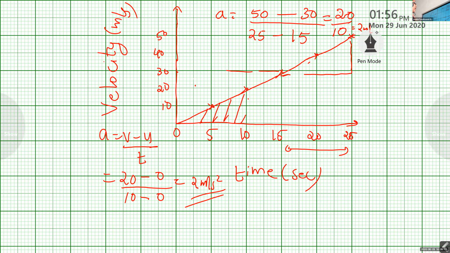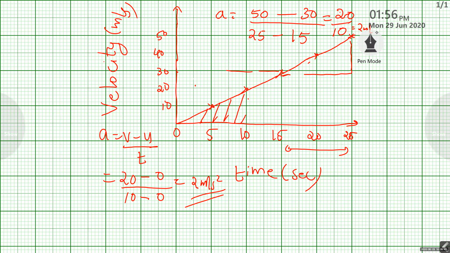Students, now you understand that for the last 10 seconds and the first 10 seconds, we are getting the same acceleration. This is why we call this graph uniform acceleration. Even if you find it directly at 15 seconds, you don't have to look at final or initial velocity.